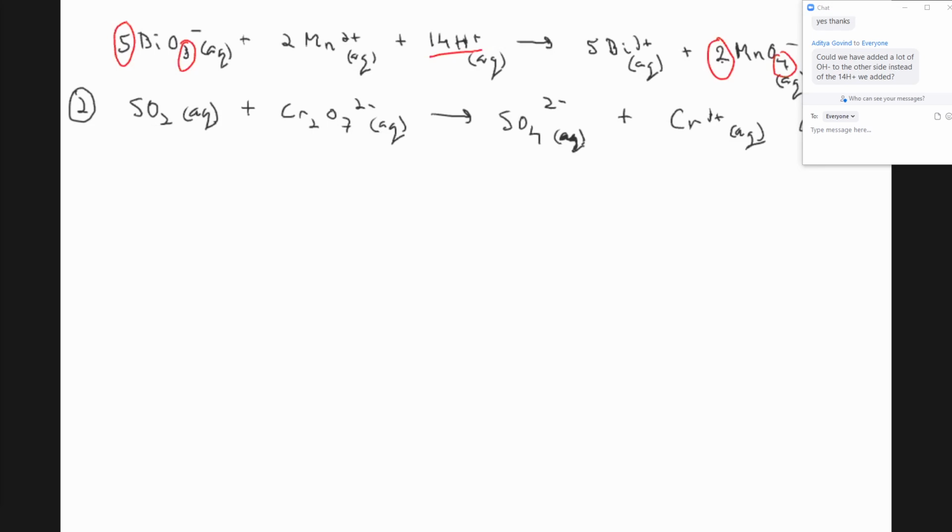Then we write them in the oxidation half cell reaction and the reduction half cell reaction. We'll do both methods. I personally like the bridge method because I like seeing all of it at once, but it's not necessary.